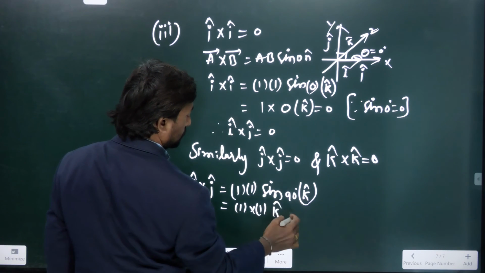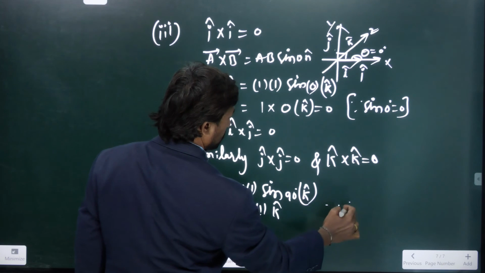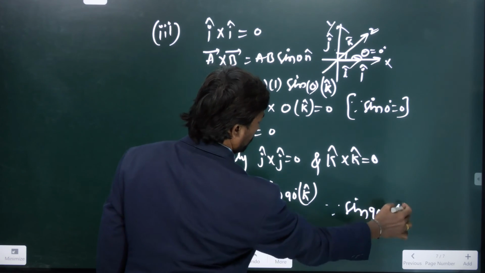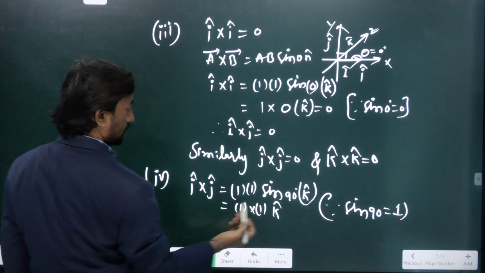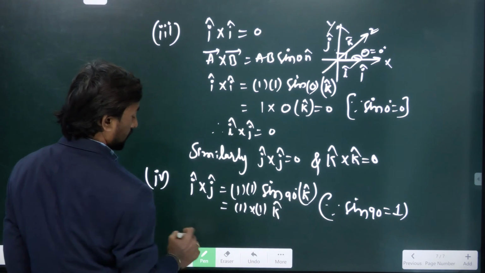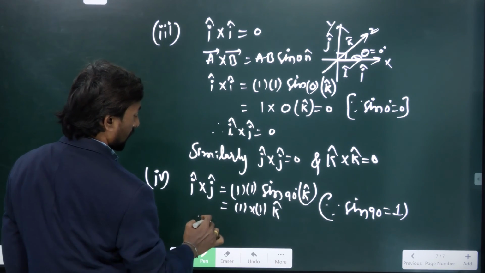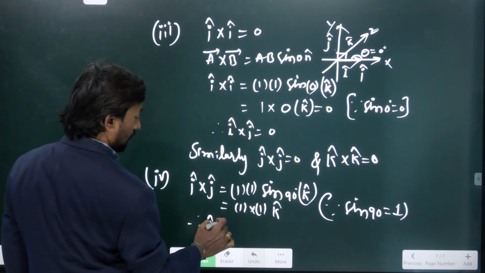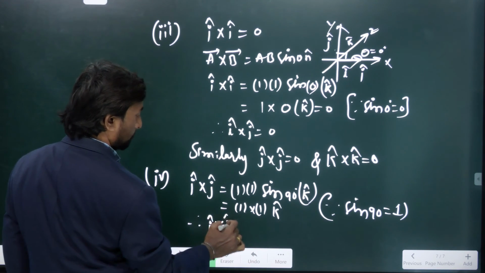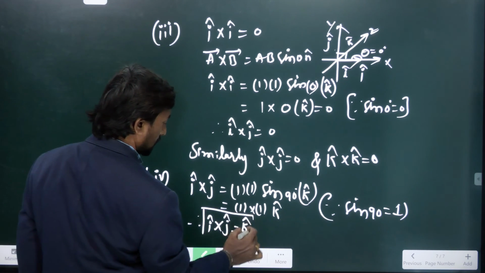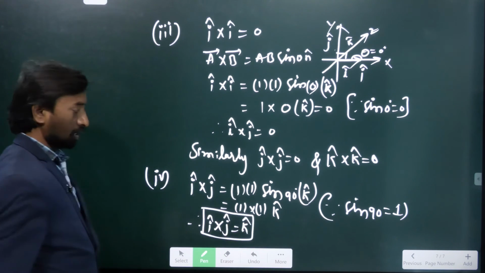Therefore, since sin 90 degrees is equal to 1, we get k cap. So i cap cross j cap is equal to k cap.